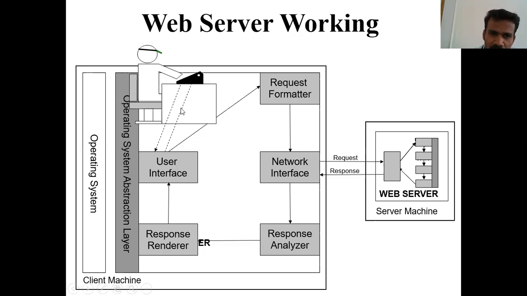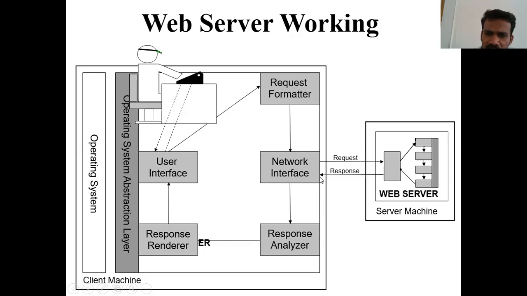For example, a request for www.google.com is sent to a URL through the user interface of your browser, formatted through the HTTP request protocol. Then it is sent to the network interface and goes to the web server. The web server finds your request format and sends a response back to the response formatter.